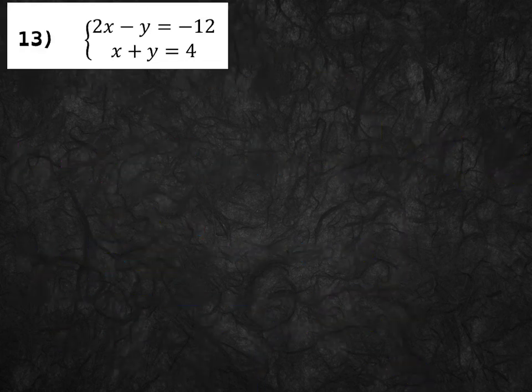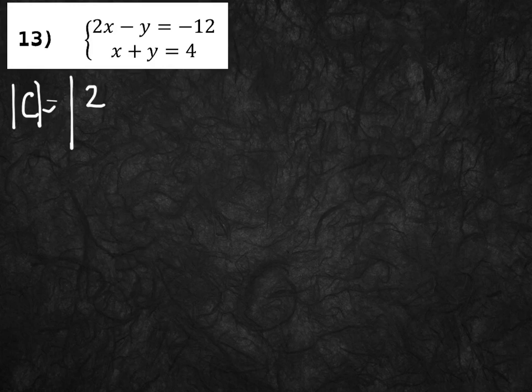Then we're going to do it again on number 13. So you first create your coefficient matrix. And so we're going to find the determinant of it. So that's going to be 2, negative 1, 1, 1. Your downs are 2, and your ups are a negative 1.